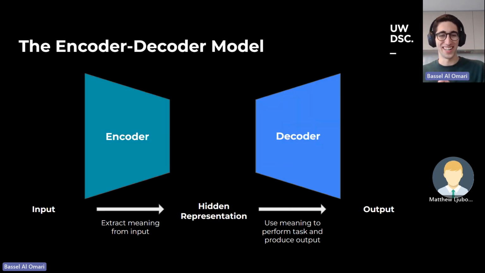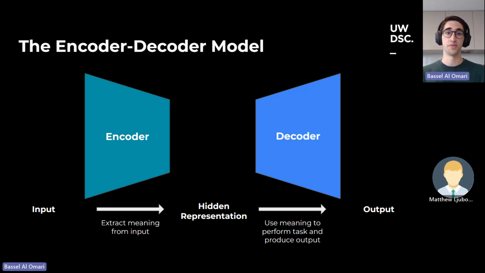Before we get started, we're going to take a step back and take a look at the general encoder-decoder model that we see a lot in machine learning. It's very popular, and it gets implemented using a number of different machine learning model types. It can be implemented using RNNs, your regular neural networks, CNNs, etc. And it basically consists of two models.